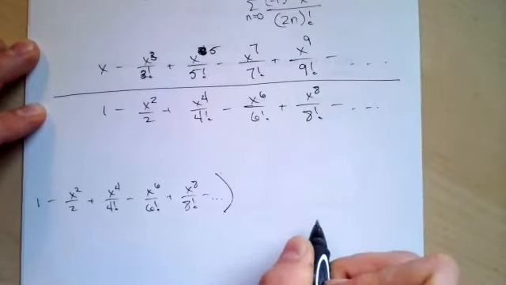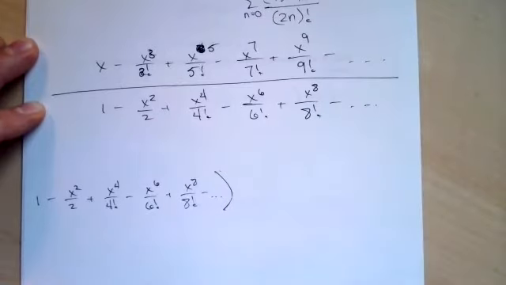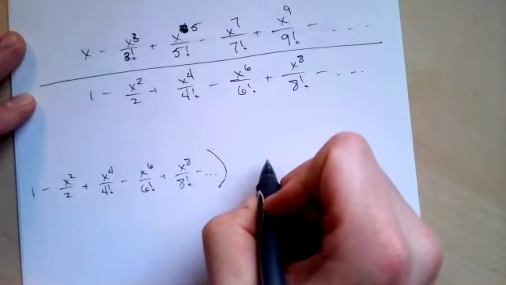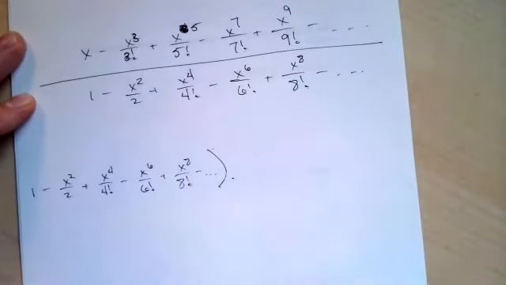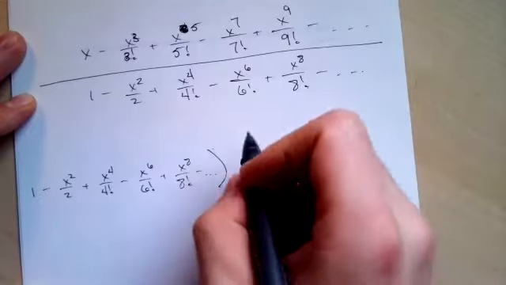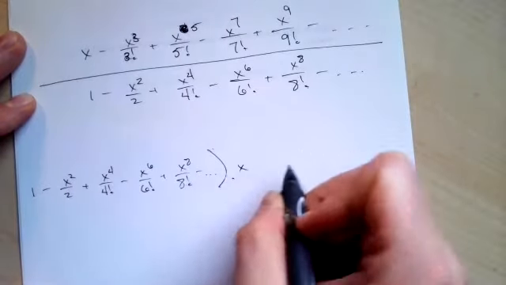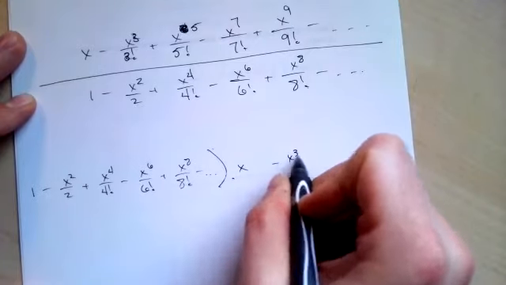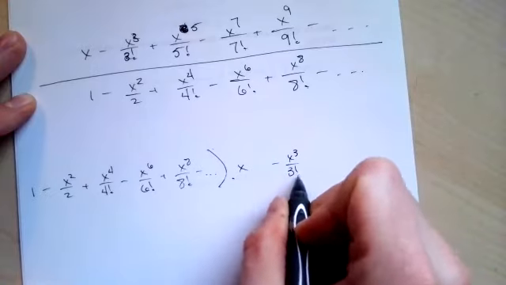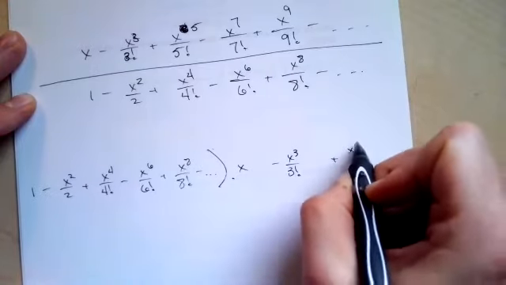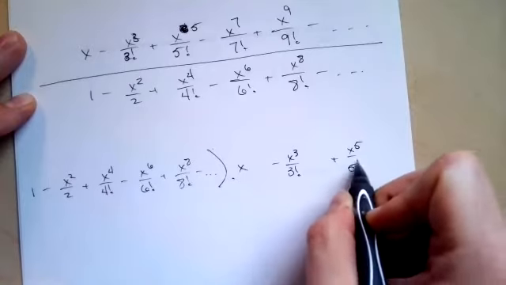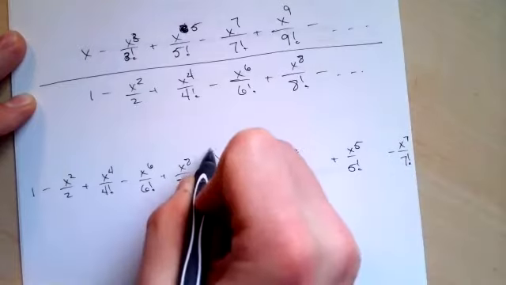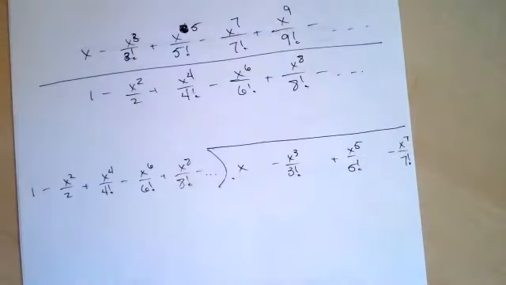And we want to divide into, I might have included too many terms, because here you want to keep spaces for everything if you need to. Let's start with x, and then let's keep a little space, minus x cubed over 3 factorial plus x to the 5th over 5 factorial, and then minus x to the 7th over 7 factorial. That should be enough.